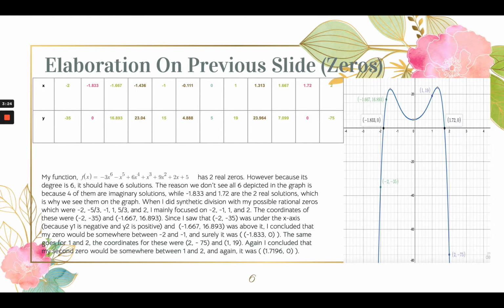Since I saw that negative 2, negative 35 was under the x-axis because y1 is negative and y2 is positive, and negative 1.667, 16.893 was above it, I concluded that my zero would be somewhere between negative 2 and negative 1, and surely it was. The same goes for 1 and 2. The coordinates for these were 2, negative 75 and 1, 19. Again, I concluded my second zero would be somewhere between 1 and 2, and again, it was.